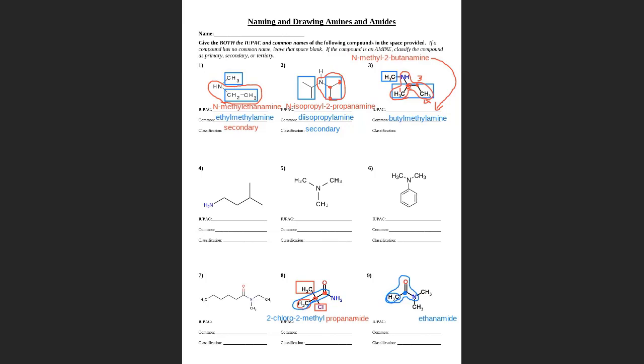But then now I'm going to have a methyl group here and a methyl group here. I have 2 methyl groups, and they're both attached to the nitrogen. Now, since they're attached to the nitrogen, they're not going to get a number, but they are going to get a letter. So this is going to be N,N-dimethyl ethanamide.